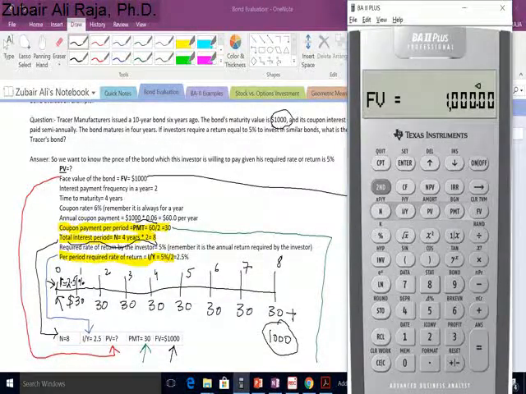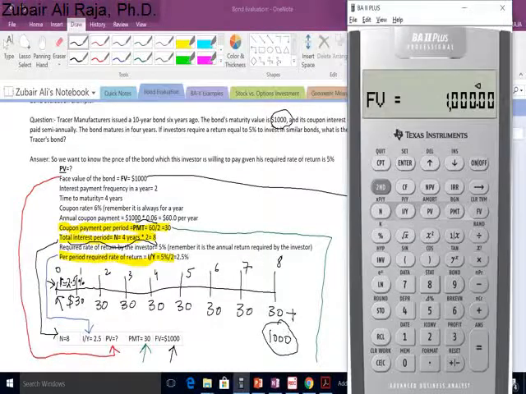Do not get confused by the fact that in the last period we are also receiving $30 and $1,000. This $30 is actually the interest payment. So when we enter $30 into payment, it gets segregated from the 1,000 future payment.